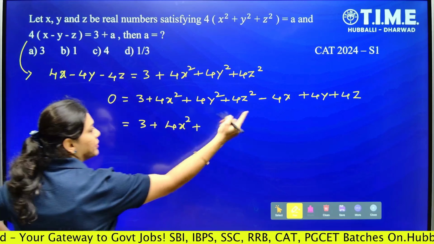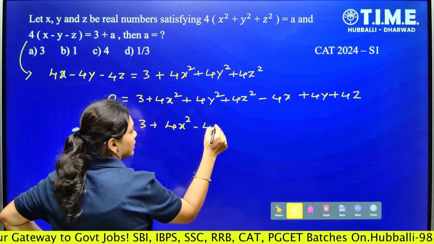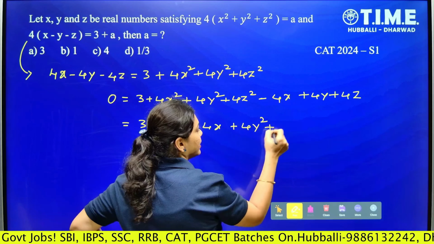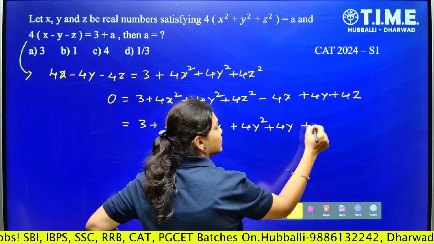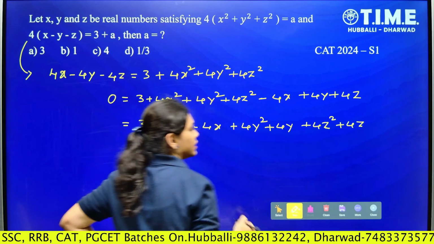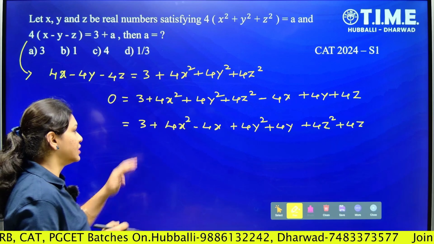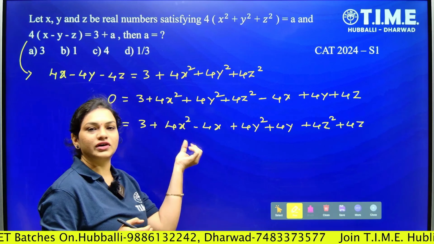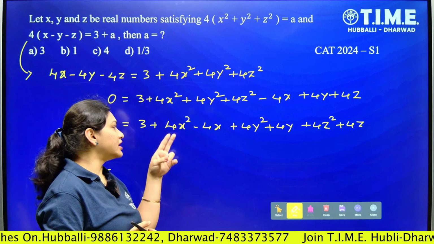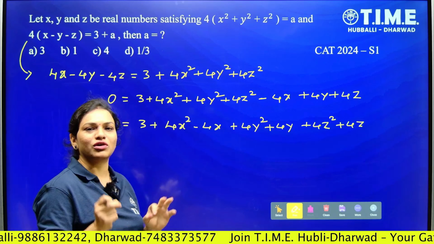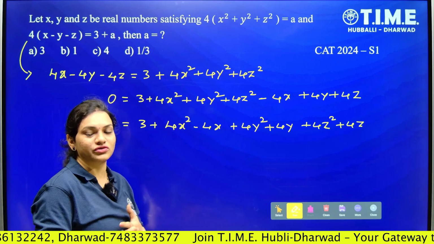So it is minus 4x plus 4y square, and we have the plus 4y plus 4z square plus 4z. Still, if I analyze this, just understand this one particular case. We have 4x square minus 4x, right? In case of this 4x square minus 4x, when we observe, is it in the format of a minus b or a plus b whole square format?